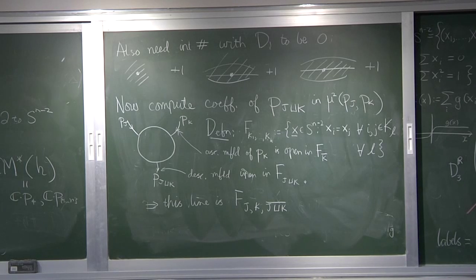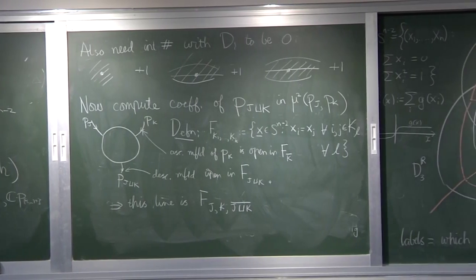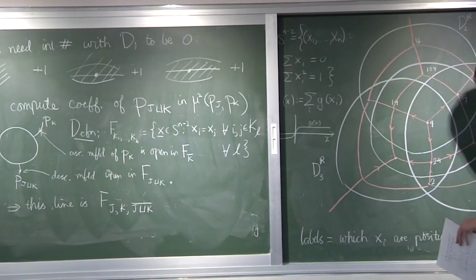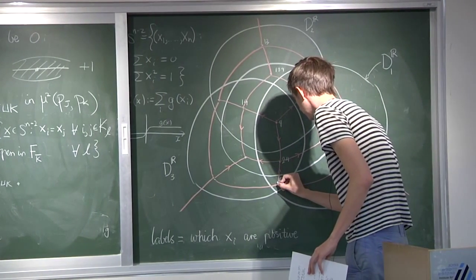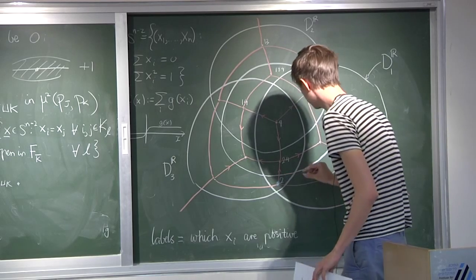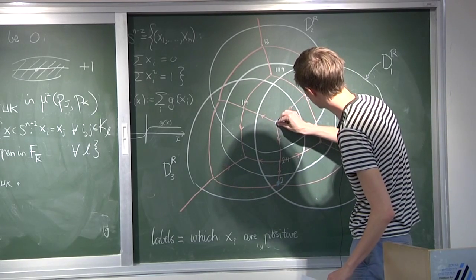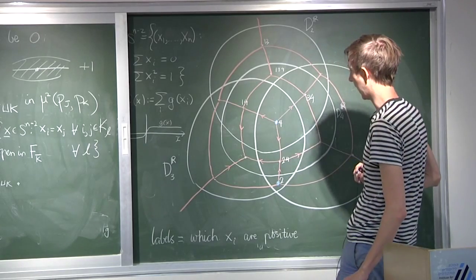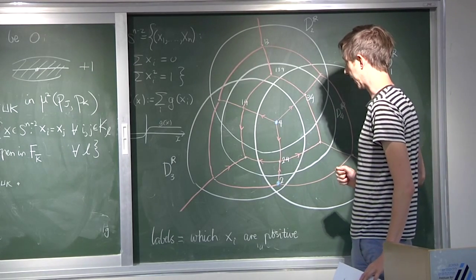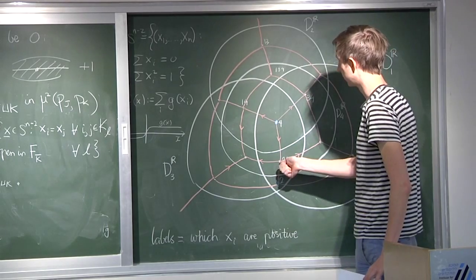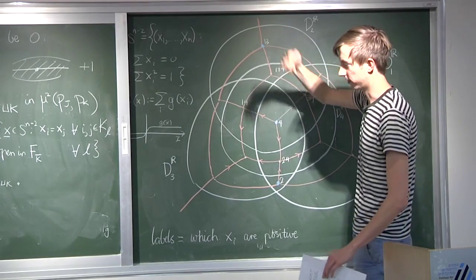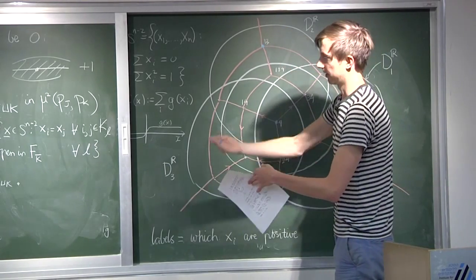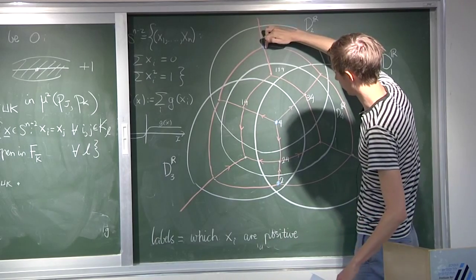So let's draw an example. If we were trying to compute the product of P2 with P4, and we want the output to be P24, which actually means the output gets dualized, so it means hitting this one.